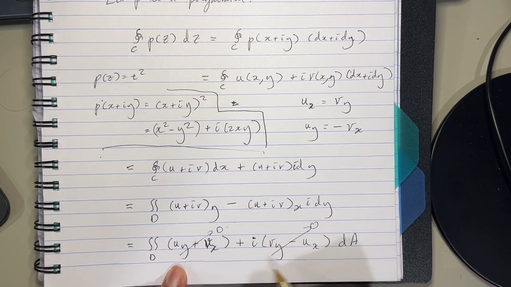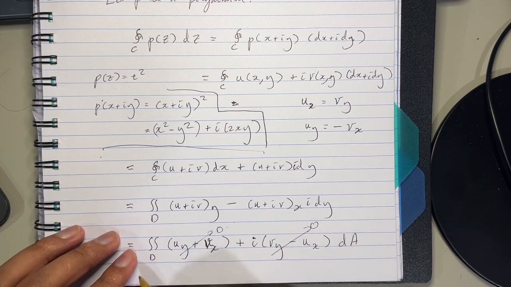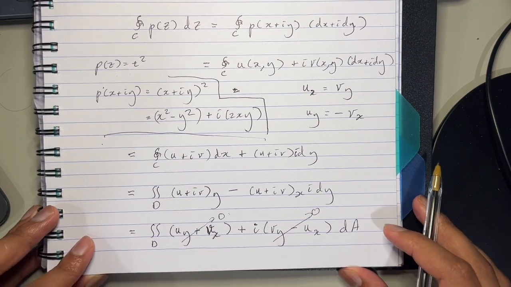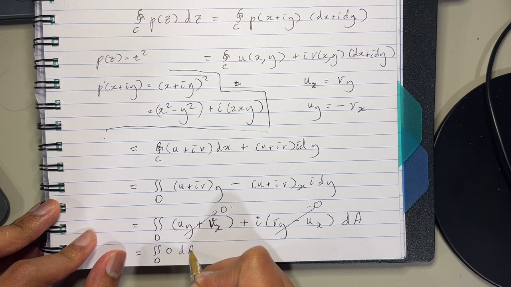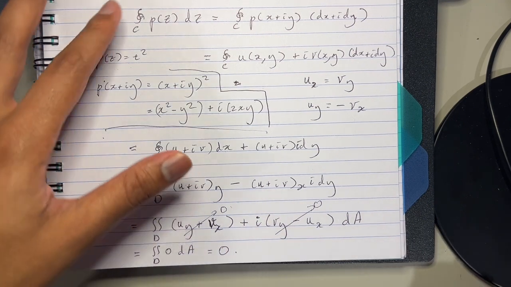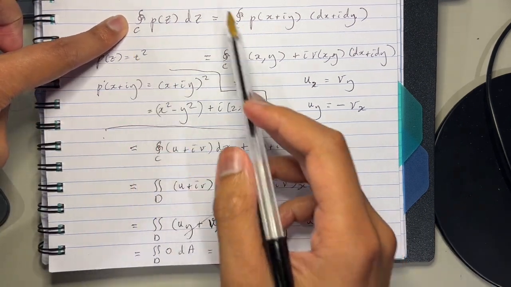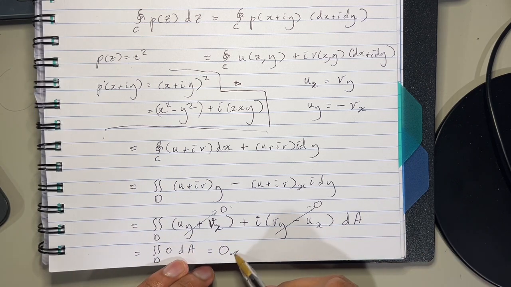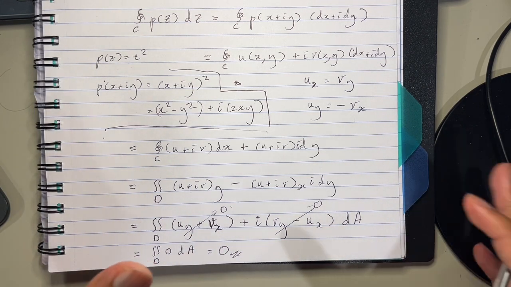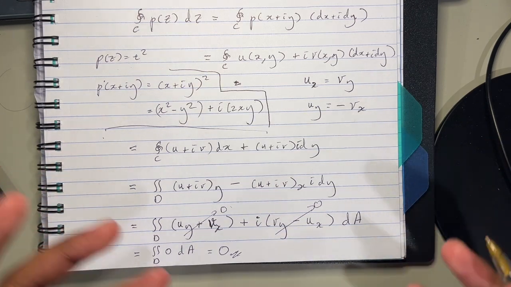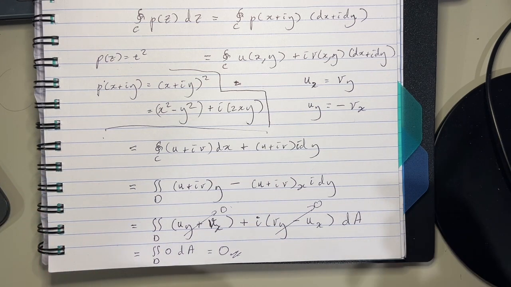So we're integrating 0 over this region D, and so we're integrating 0 dA, which gives us 0. And so our integral is 0, and this gives us Cauchy-Goursat's theorem in the special case where f is a polynomial.